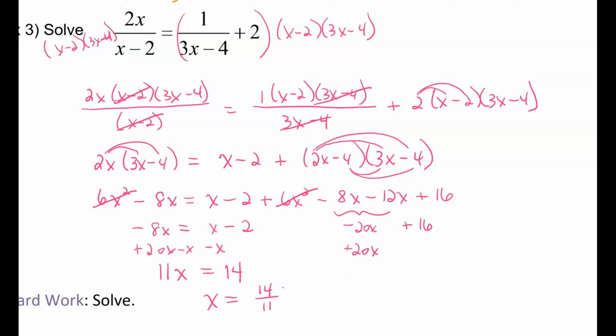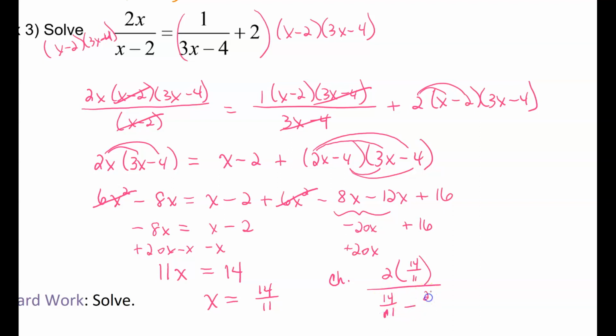Okay. What are the terms or the x values we know we can't have? 2 and 4/3 we know will not work. Okay, 14/11 is not equal to either one of those. But again, we can do a quick check. 2 times 14 over 11 all over 14 over 11. Good fraction practice, yes?